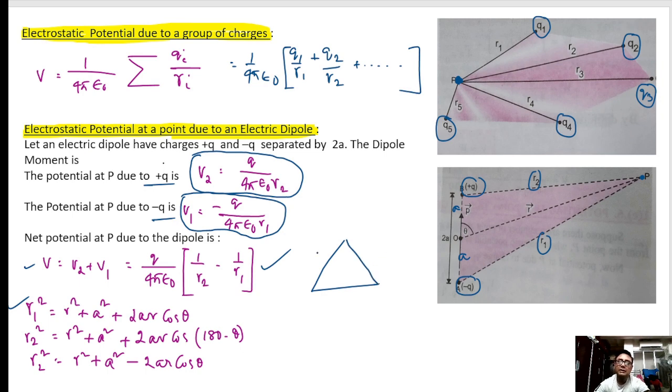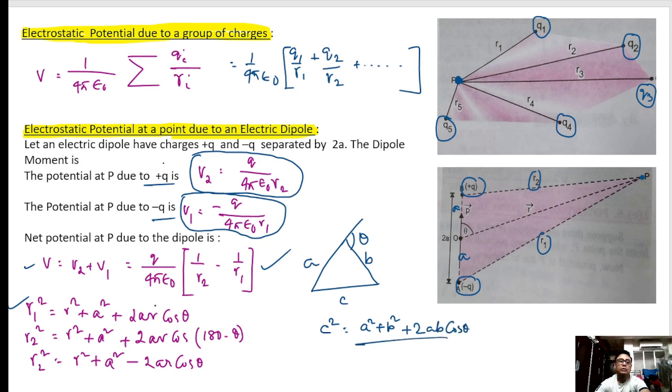Please remember this thing, that if this is A and this is B with angle theta, C square is equal to A square plus B square plus 2AB cos theta.